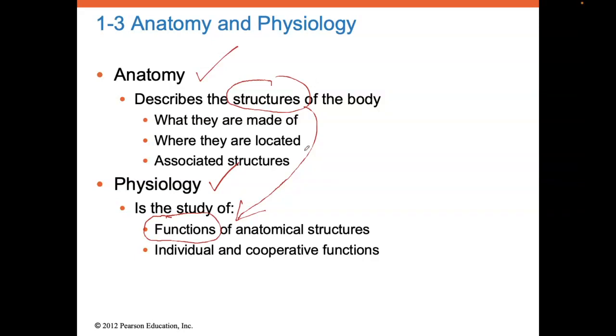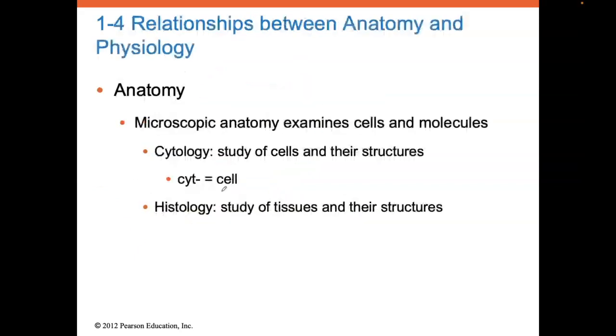So if I want to assess the structure of someone's neck and cervical spine, I can say, rotate your head to the left, rotate your head to the right, bring your chin to your chest, look all the way up to the ceiling. Now I'm looking at function. If the function is off or the function is restricted, I can assume that something is wrong with the structure. So these two go hand in hand.